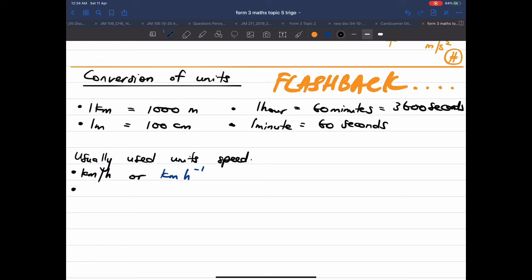The second one is meter per minute, or meter minute negative 1.